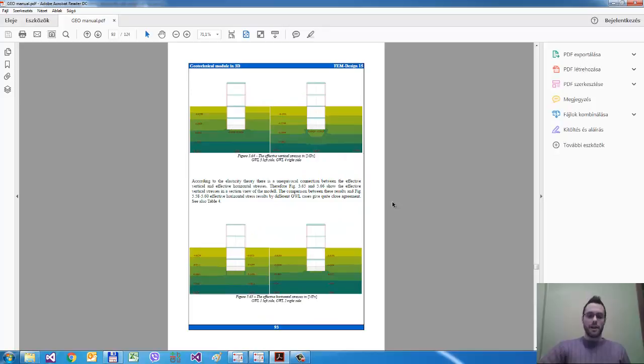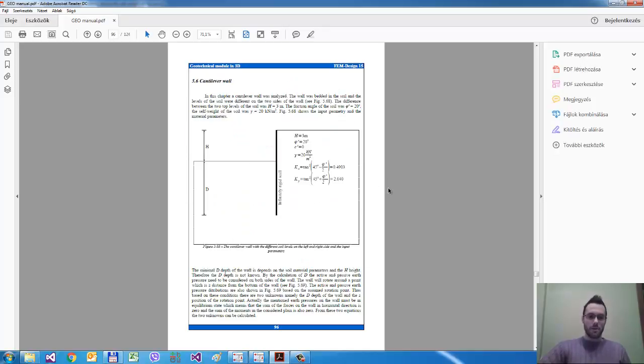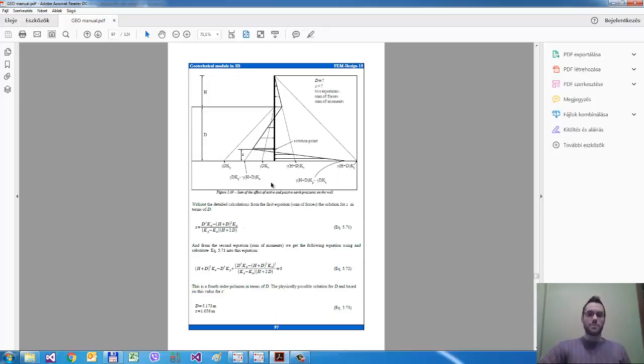So if you would like to, you can check these examples, and from the download page you can also download the FEM-Design files that I showed you in this presentation, where we modeled and checked these benchmark problems.